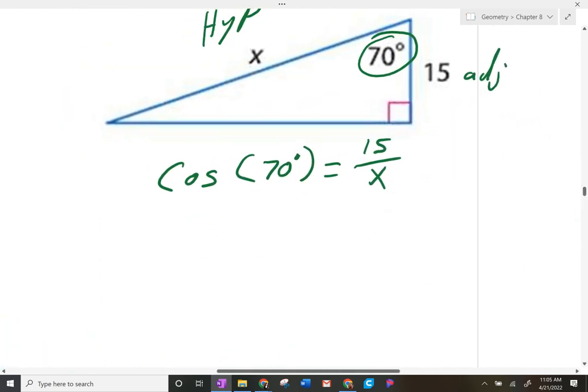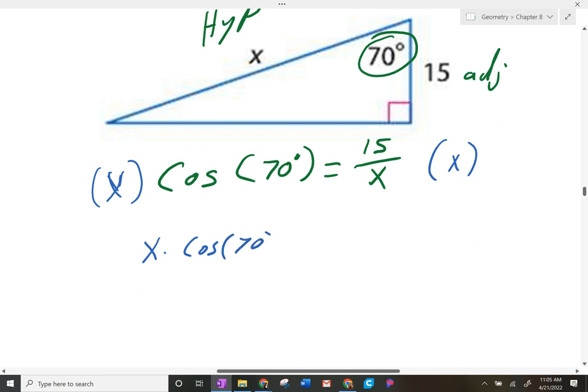I want to get the x on a side all by itself. Currently it's on the bottom of a fraction. I can't do that. So I'm going to multiply both sides by x. So I get x times cosine 70 equals 15, because those ones canceled out.